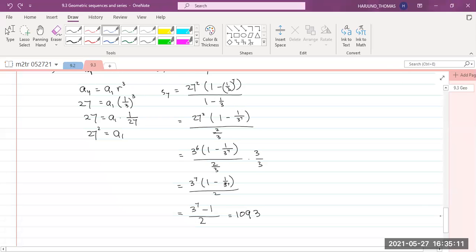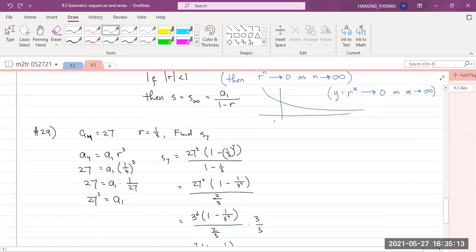Okay, number 33. We have the series, the sum from k equals 0, not from 1, to 9 of negative 1/2 to the k plus 1.